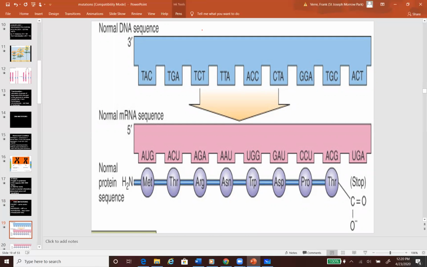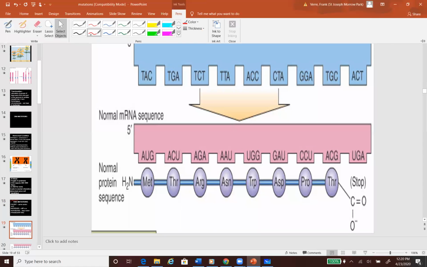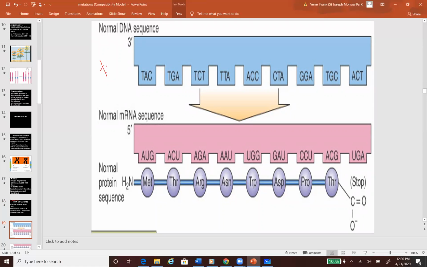So imagine that the blue is your normal DNA sequence, right? Now we know how transcription works. We take the template strand, you read it 3 to 5 prime, right? And then you build RNA 5 to 3 through complementary base pairing, right? So if you read TAC, you put in AUG, that's transcription, right?